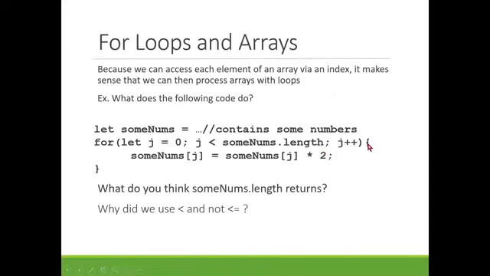As I said before, you do not have a choice. You can see j equals 0, j is less than someNums.length, j++. Just assume that this array someNums has some numbers in it. What is this little piece of code going to do? Pause and take a look at it. What's going to happen to our array if we run this?